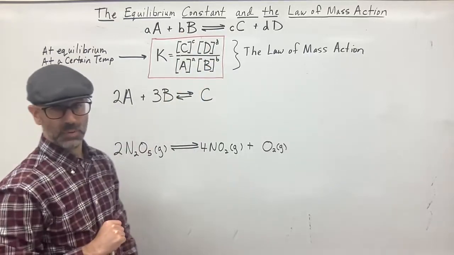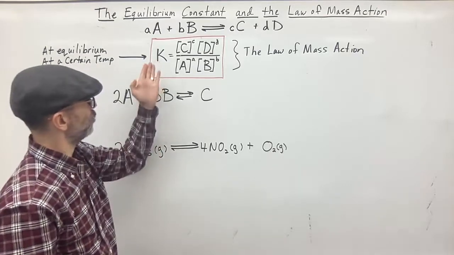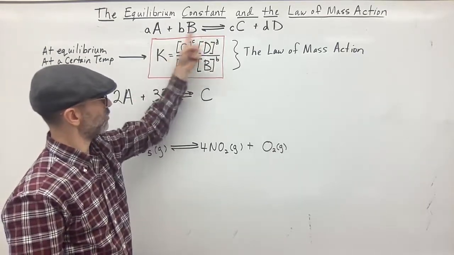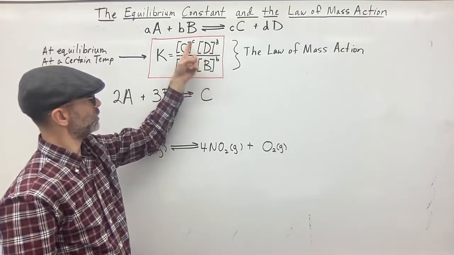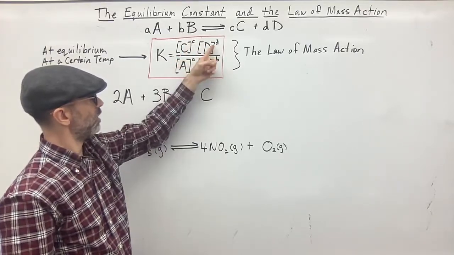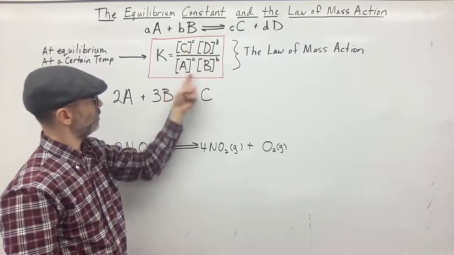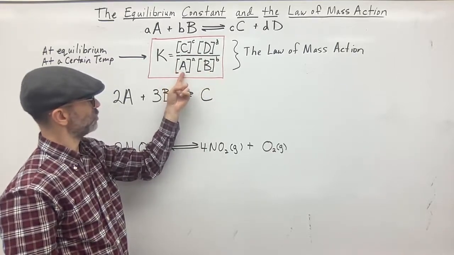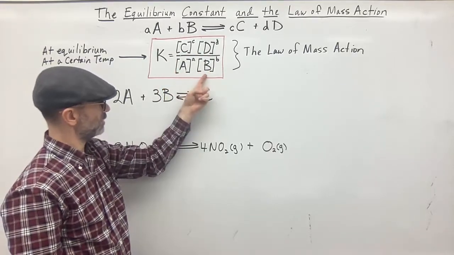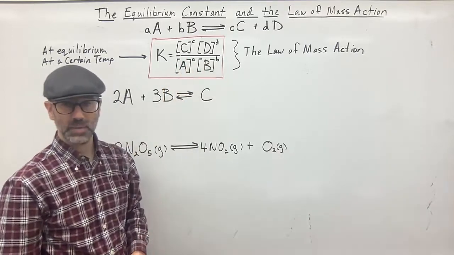So what you see here is the ratio of the products on the top, the concentrations of the products multiplied by each other, raised to their coefficients, and on the bottom, divided by the concentrations of A and B, the reactants, raised to their coefficients as powers.